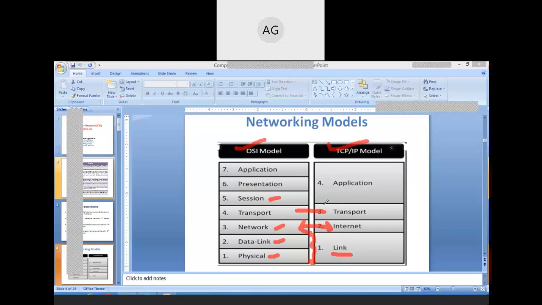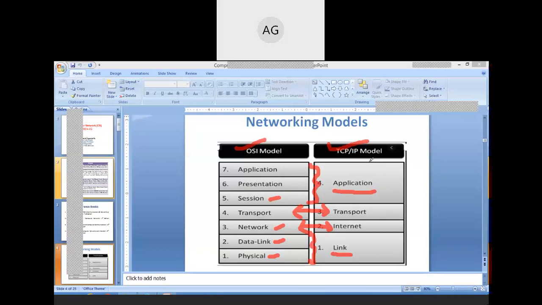The transport layers of both models do the same function. The application layer of the TCP/IP model does the function of 3 layers of the OSI model: application, presentation, and session layers.